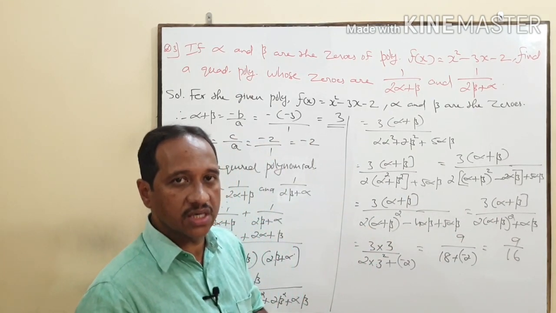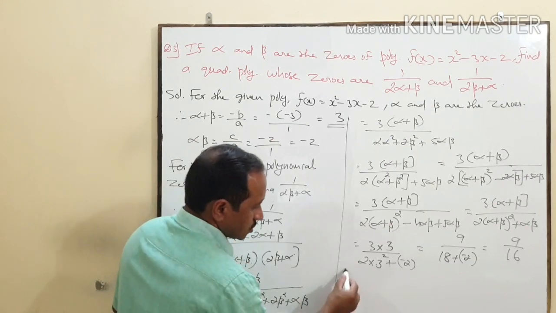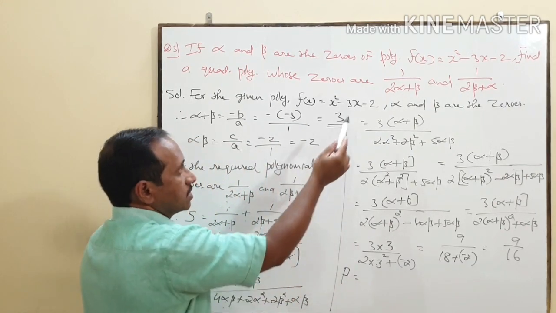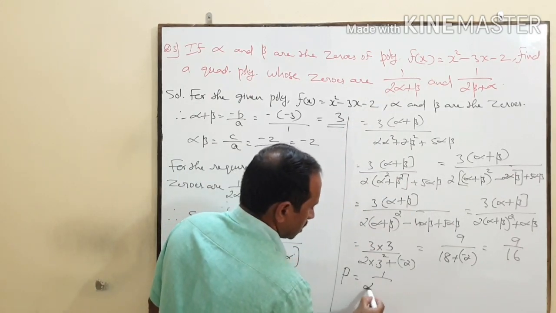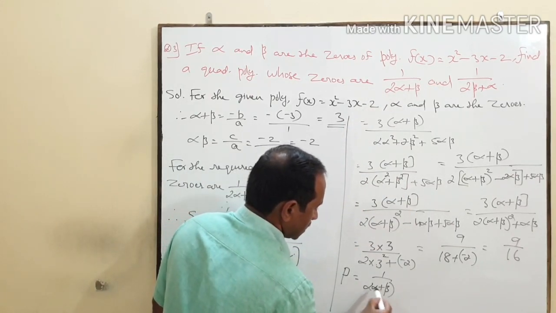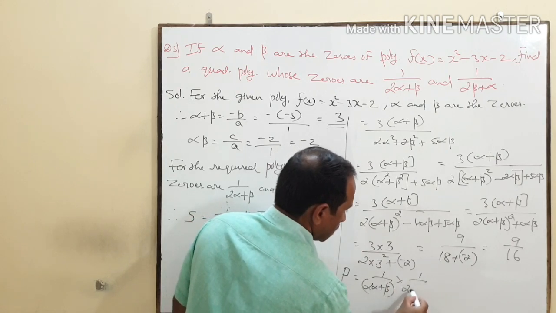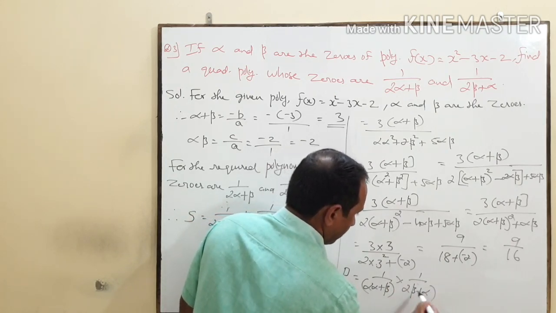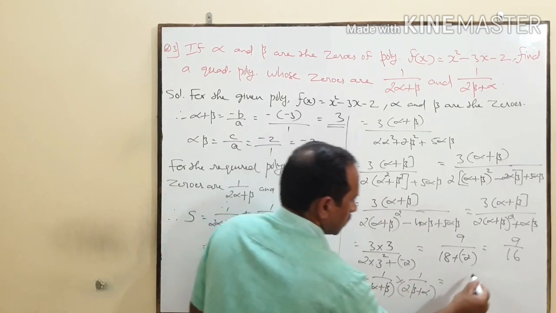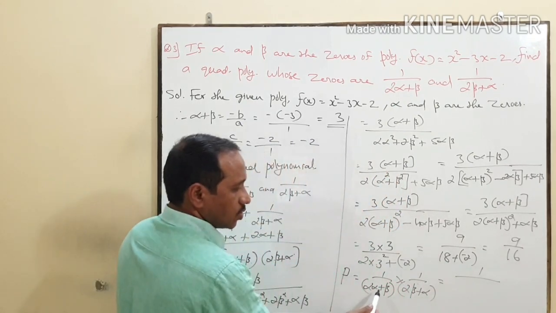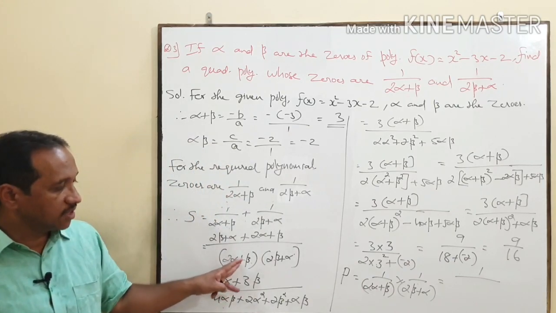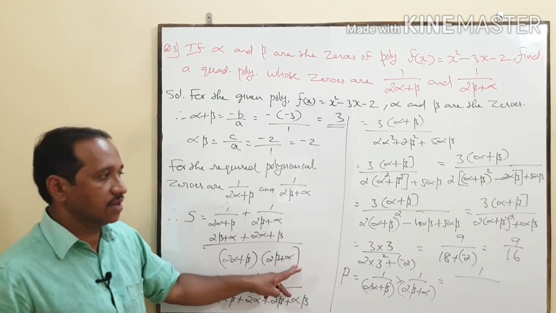Now we go for the product of the zeros. Product of the zeros P is given by multiplying these two, that is 1 by 2 alpha plus beta into 1 by 2 beta plus alpha. 1 into 1, 1 divided by, you know that already we have here the denominator 2 alpha plus beta into 2 beta plus alpha.